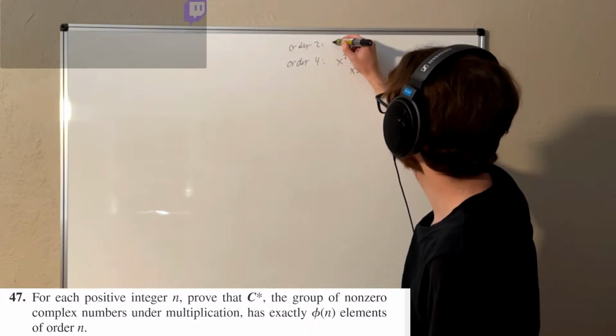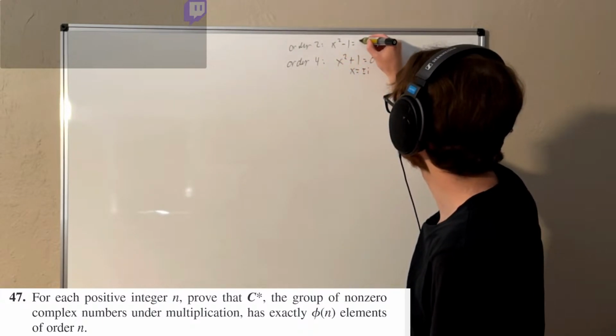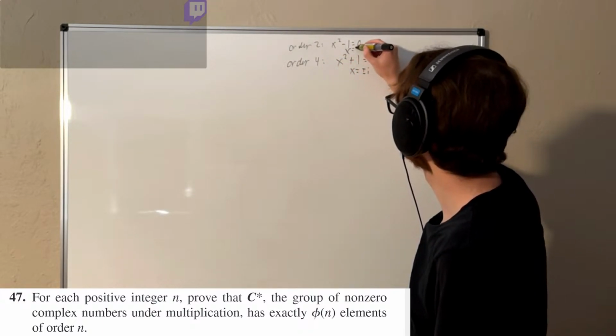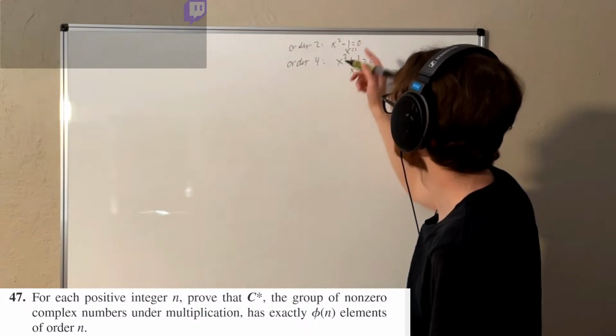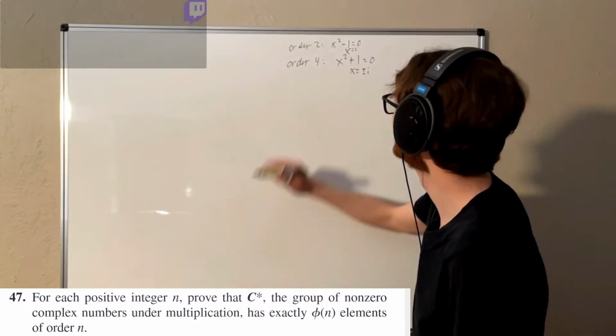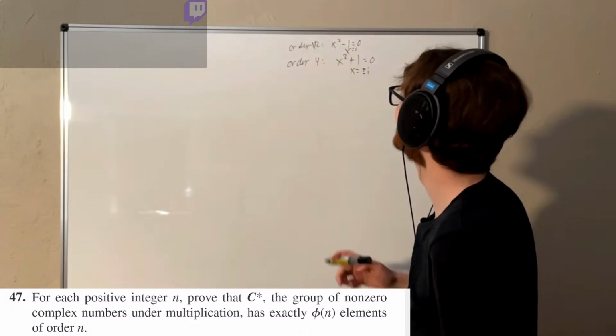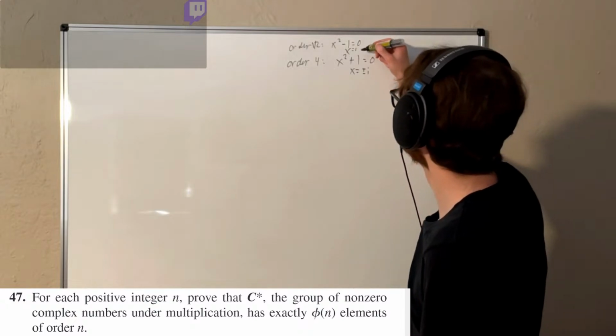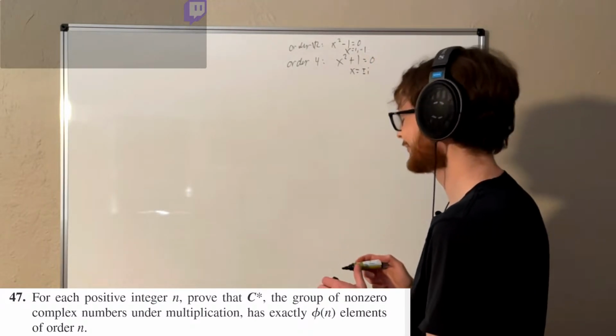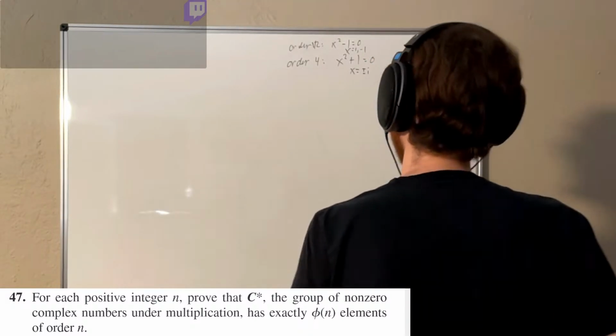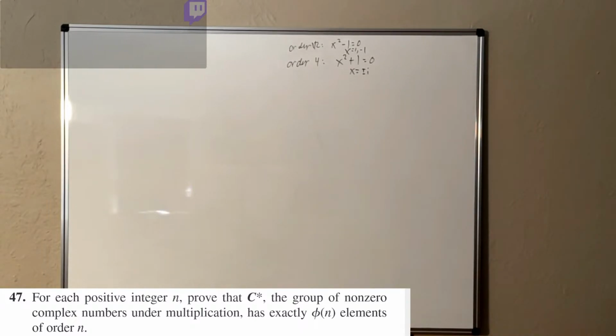Order 2 is x squared minus 1 equals 0. Well, order 1 or 2, I guess, because 1 is order 1. If that's a special case, though, I'm willing to deal with it.